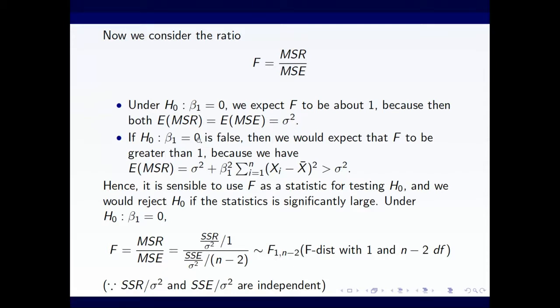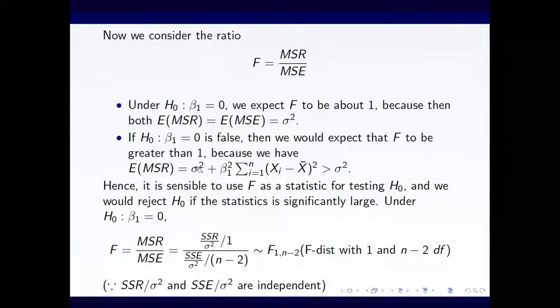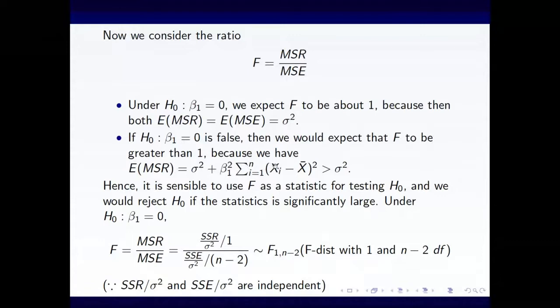If beta 1 equal to 0 is false, then we would expect F to be greater than 1, because the expectation of MSR is sigma squared plus beta 1 squared times the sum of xi minus x bar squared. If beta 1 is not equal to 0, that is greater than sigma squared, because beta 1 squared is positive, xi minus x bar squared is positive, and the sum of them is also positive.